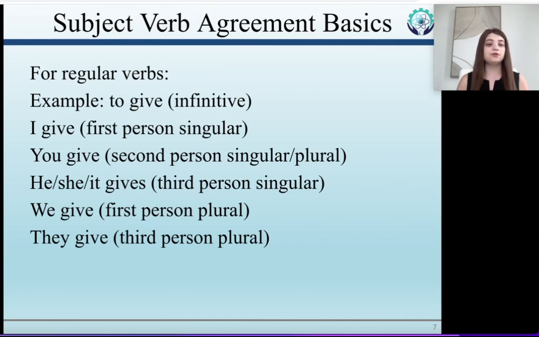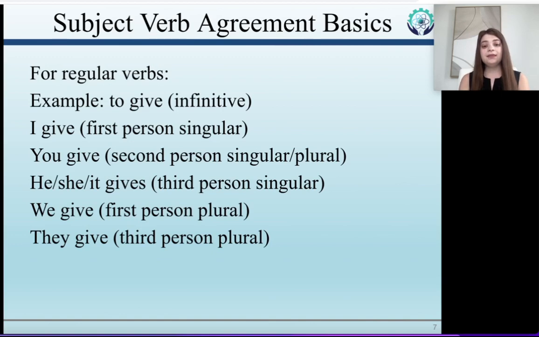They have a word for singular you, which I think is tu, and a word for plural you, which is vous. Although that's not something you have to know. There are more exceptions and complications with that rule that I'm not going to get into here. But regardless, you in English has two meanings. It could be second person singular or second person plural. So you is sometimes plural, right?